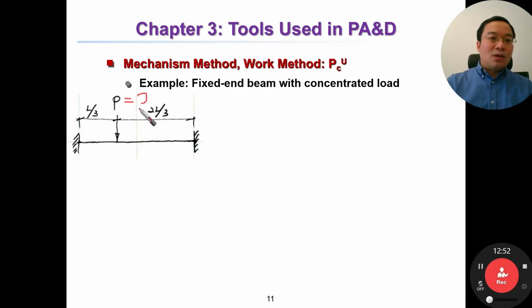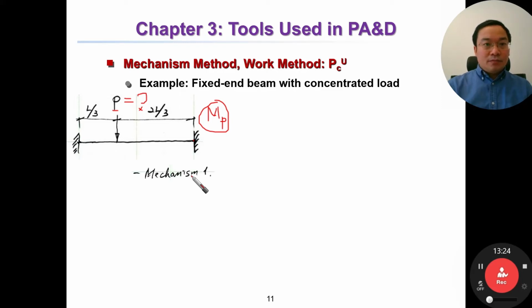What is P? P as a function of MP. We assume we know the MP of the section. Then what is P as a function of MP? That is the analysis problem. How to use the work method or mechanism method in determining the plastic ultimate load.